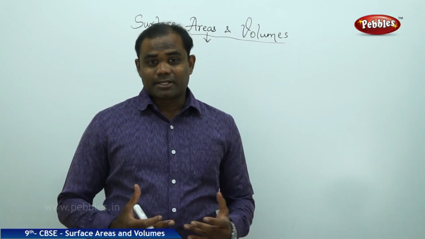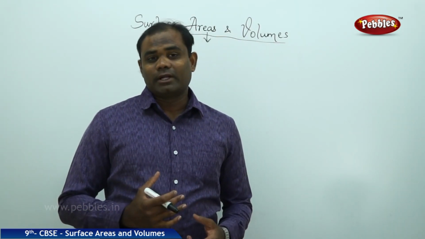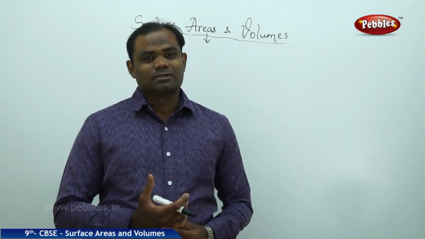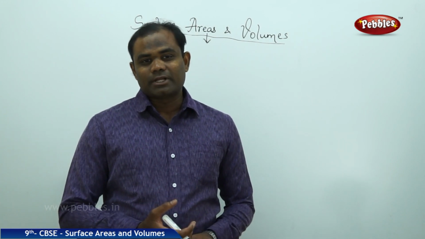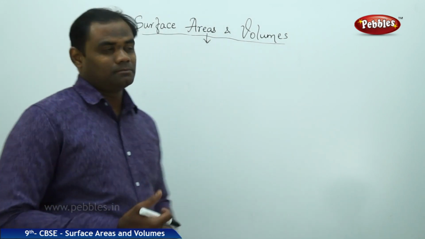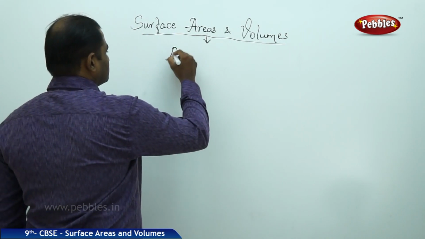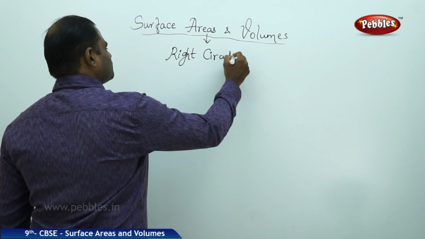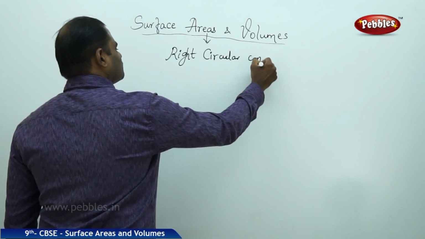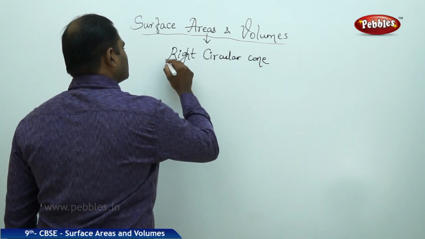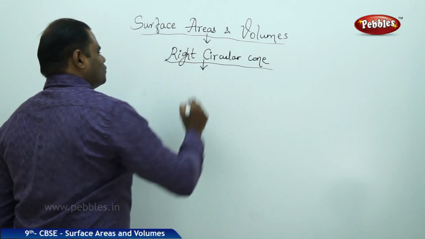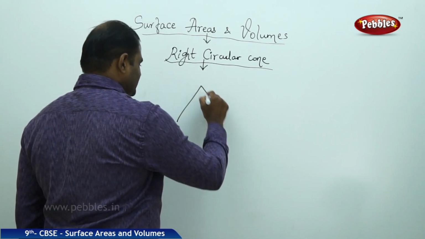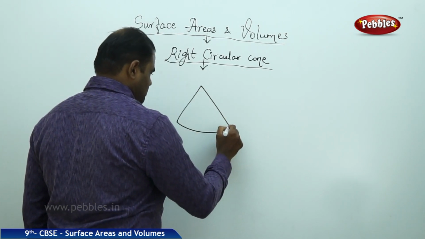Now that we have discussed the construction of a cone using circles, let's enter into understanding a right circular cone. So what is a right circular cone? A cone which is exactly 90 degrees and circular at the bottom.